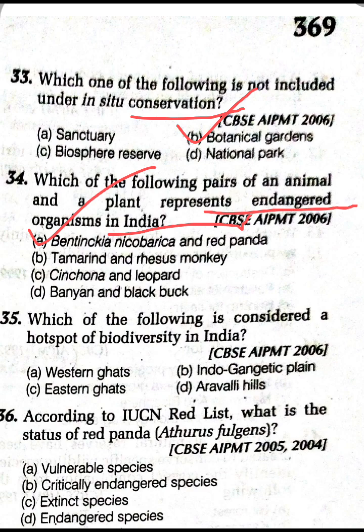Option number A. Which of the following is considered a hotspot of biodiversity in India? So there are two biodiversity hotspots in India: Eastern Himalaya and Western Ghats. So option number A. According to IUCN Red List, what is the status of red panda? So red panda, they are endangered species. Option number D is the correct one.